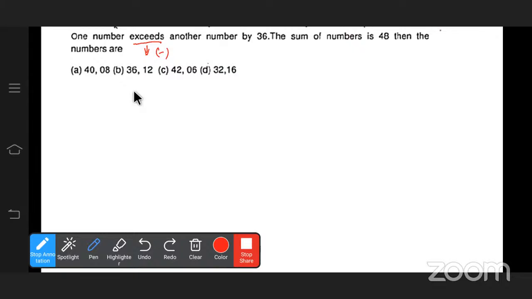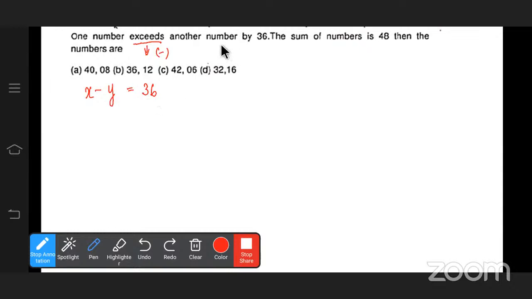First, I'm taking the two numbers as x and y. Here one number exceeds another number, right? Exceeds means minus, is equal to 36. Do you understand this line? One number exceeds another number means x minus y equal to 36.